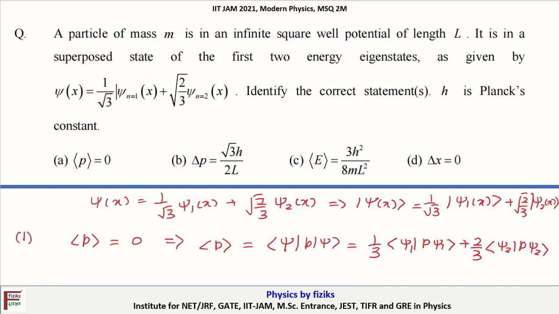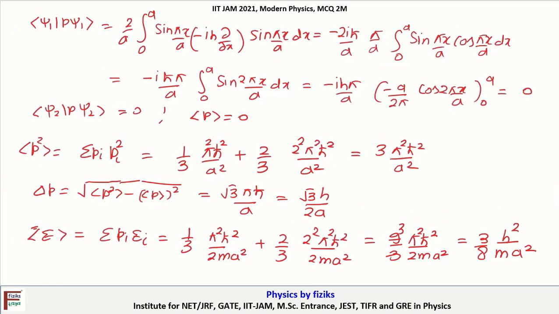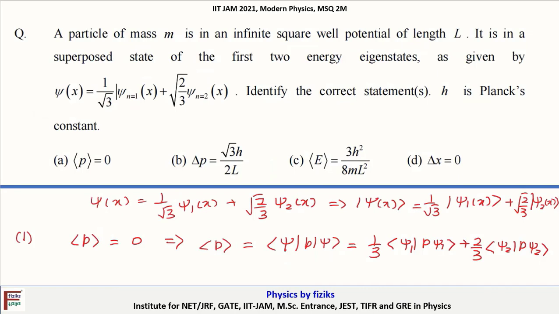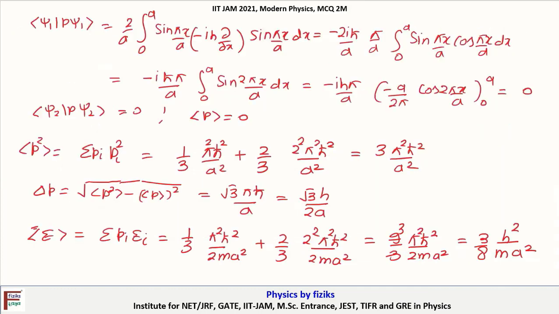So our first three statements are correct, and the question is saying delta x is 0, but for this system delta x is not equal to 0. One can calculate that like we did for momentum. So here our statements A, B and C are correct.